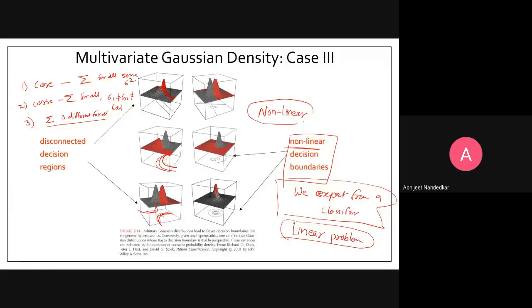So since most of the problems are non-linear, I must be able to draw non-linear curves between two classes. Now this is class A and this is class B. Or maybe there is a more difficult situation like this. So this boundary between the two classes is non-linear, and I must be able to draw a decision boundary like this.